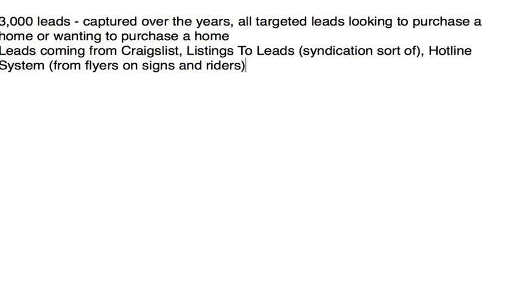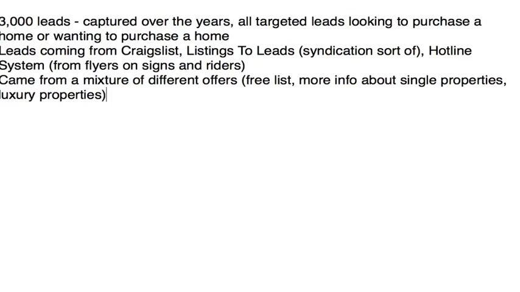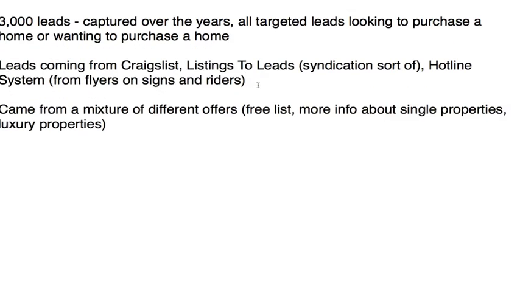I have a mixture of ads that I run on Craigslist, and I'm constantly mixing it up. I market single homes, luxury properties, the best buys in luxury homes, and anything in between. Free lists of foreclosures, homes under 50,000, HUD homes. I do a little bit of all of it.